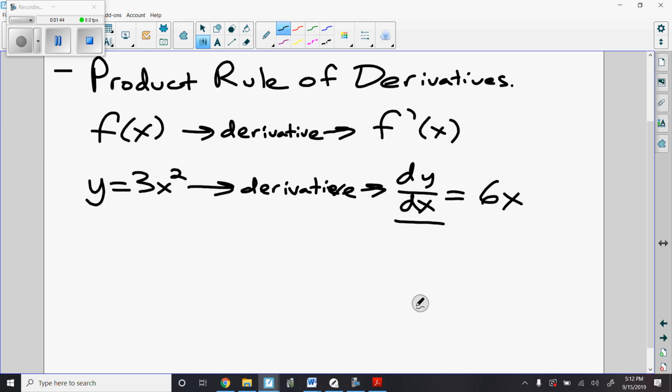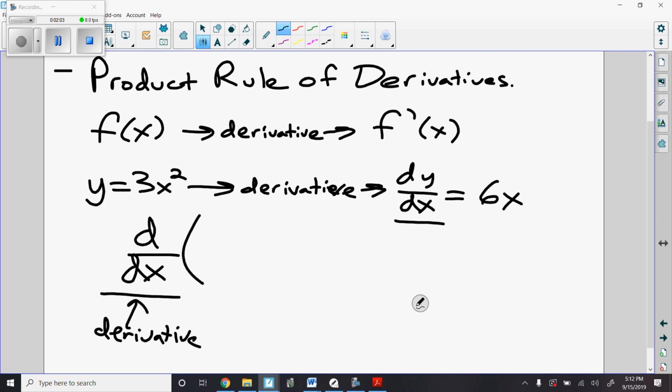Lastly, if I want to do the derivative of an expression in terms of x, I might say something like this. And this d dx just means derivative. If it's not written in equation form, the derivative of 6x to the fourth equals 24x cubed.